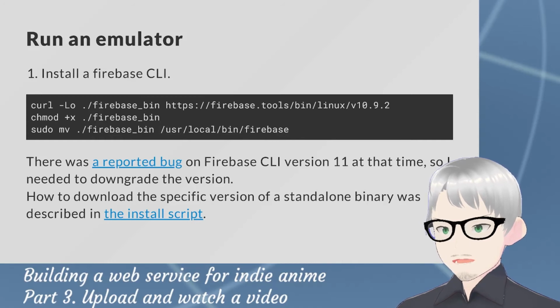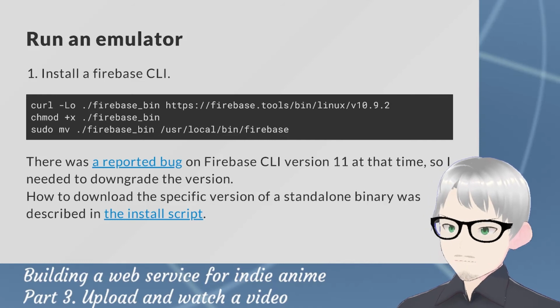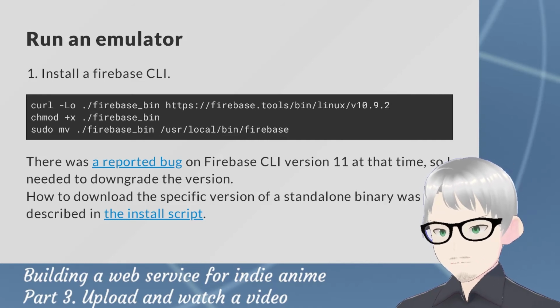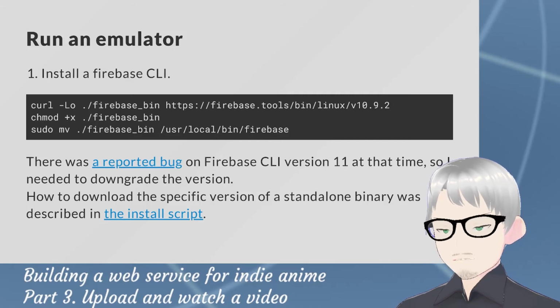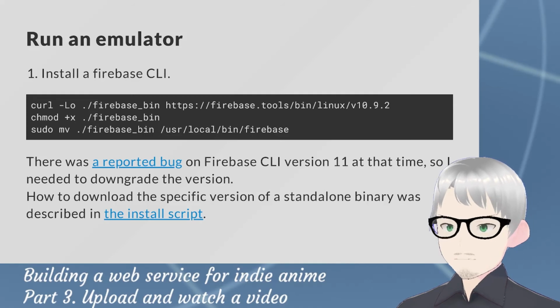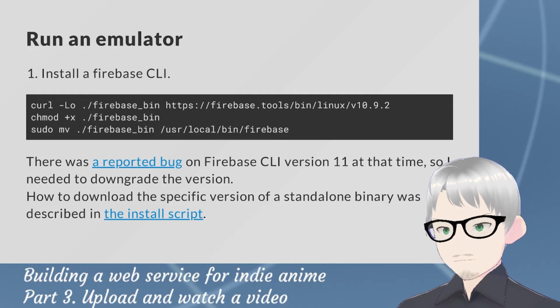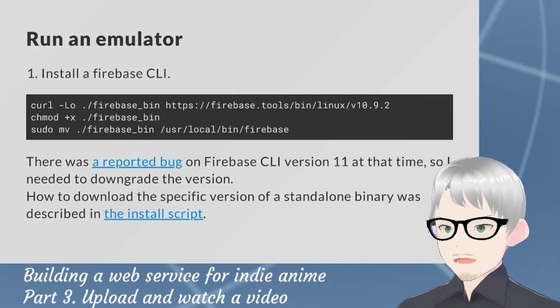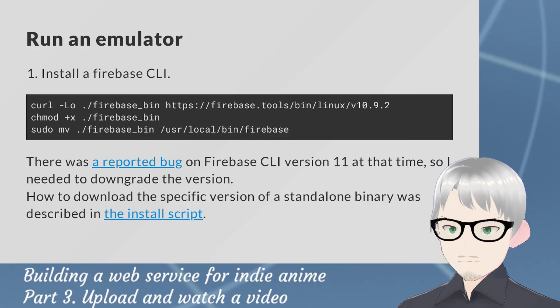Next, I set up the Firebase emulator because I use Firebase Auth and Firebase Cloud Storage for local development, and it's definitely better to use the emulator for the local environment so that it doesn't charge anything for usage, even if I upload as many video files as I want.